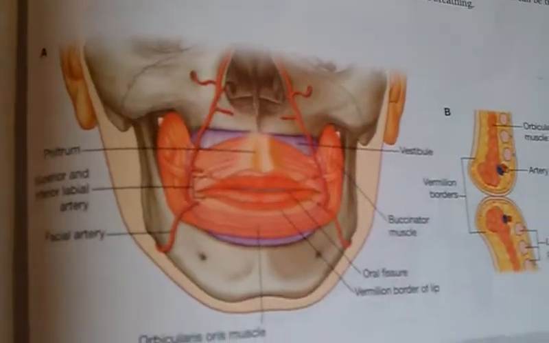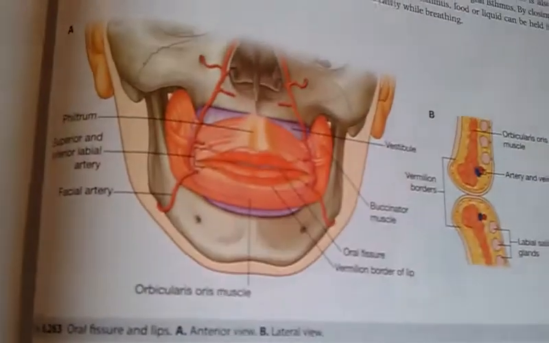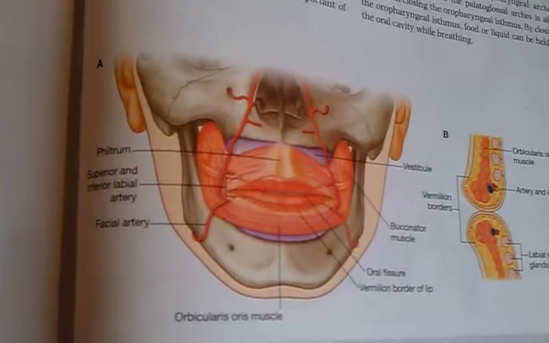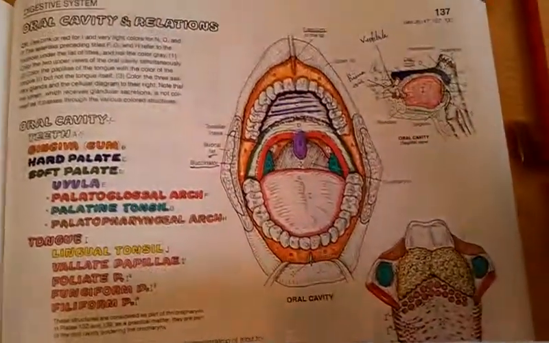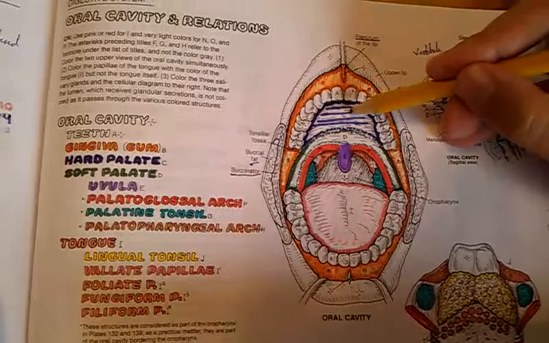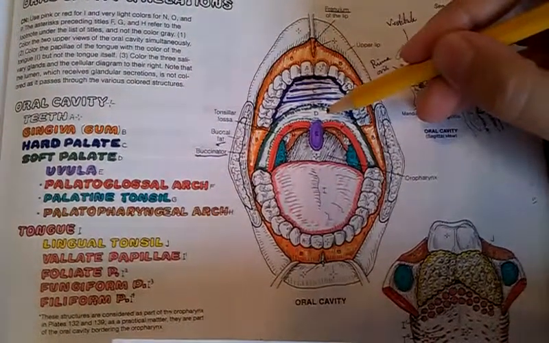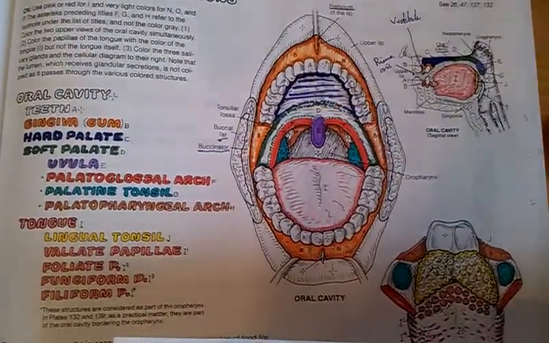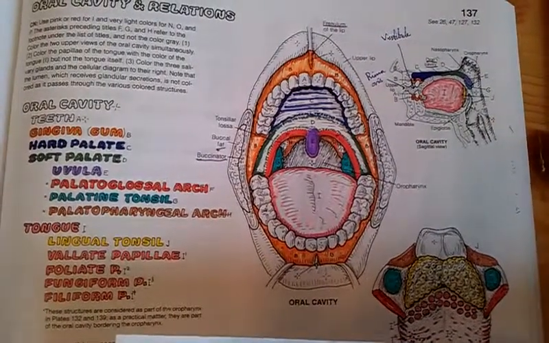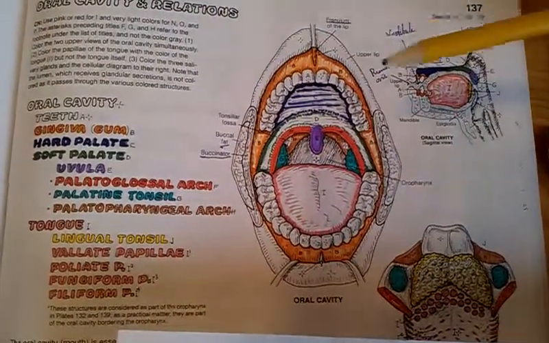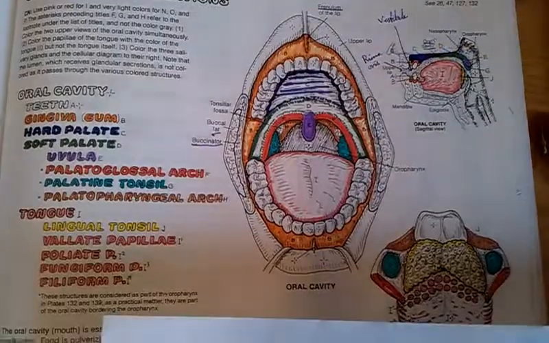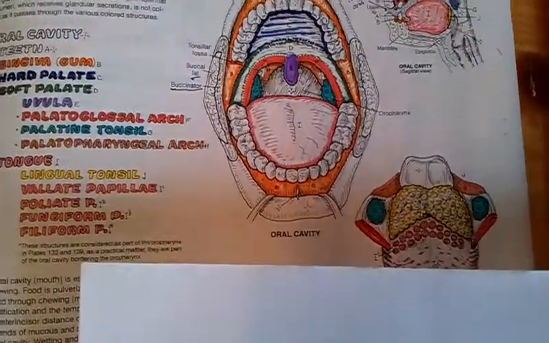The palate is the roof of the oral cavity, and it is separated into hard palate and soft palate. The hard palate is formed by bone, by maxilla and palatine bones.